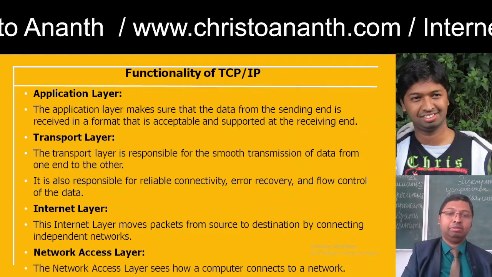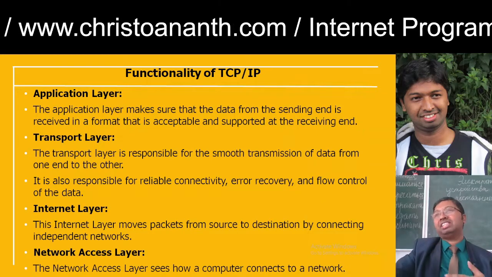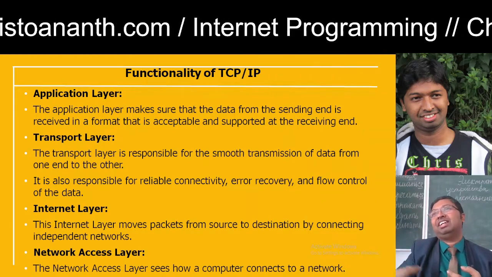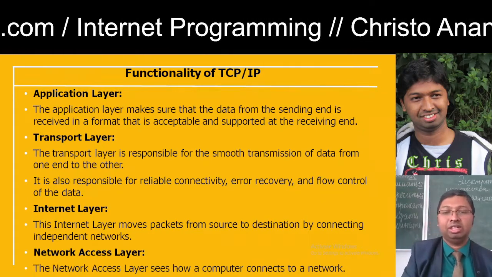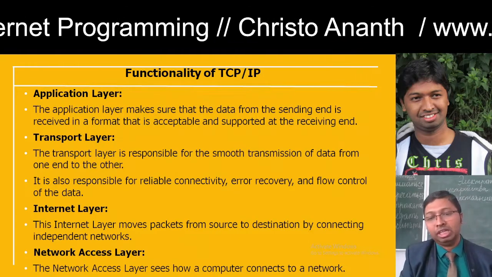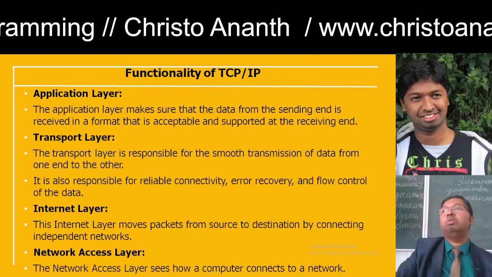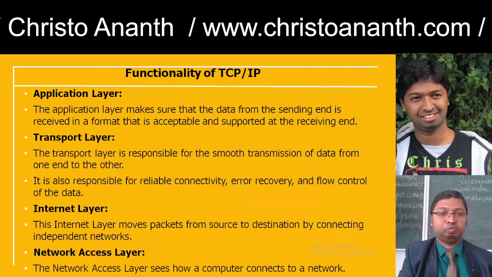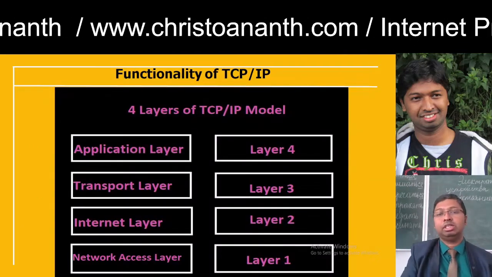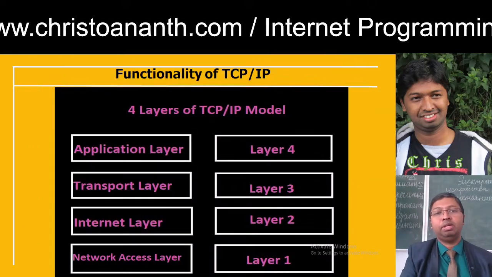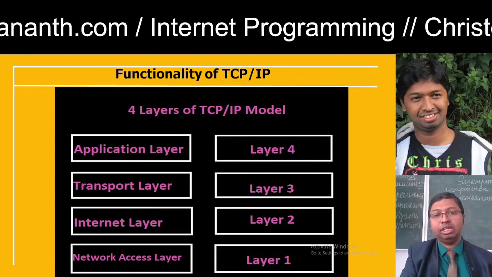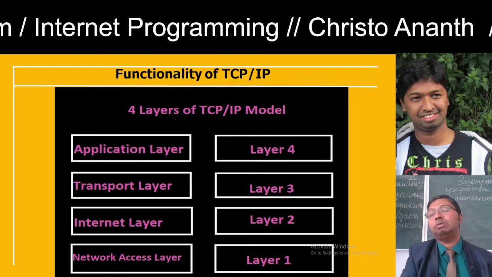And then the network access layer. Network means connection, connecting over the network. The network access layer looks at how the computer connects to the network. So these are the 4 layers of TCP/IP: application layer, transport layer, internet layer, and network access layer.